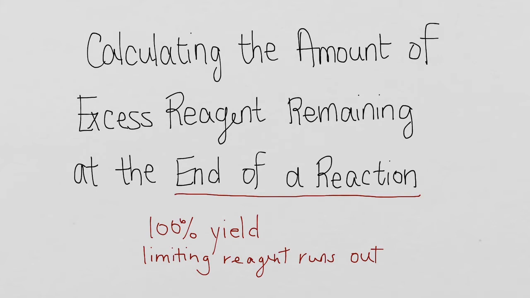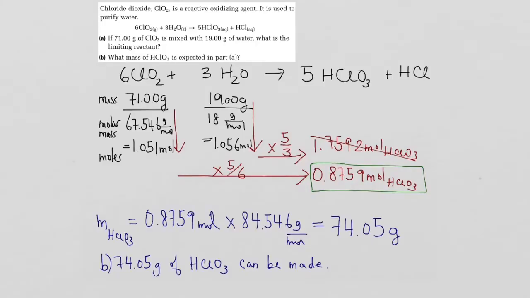So then I'm going to refer to the question that we did in the last video, where you react chlorine dioxide with water to form chloric acid and hydrochloric acid. And when you balance it, the coefficients are 6, 3, 5, and 1. So an overview of what we did in the last video: we were given the mass of each reactant.